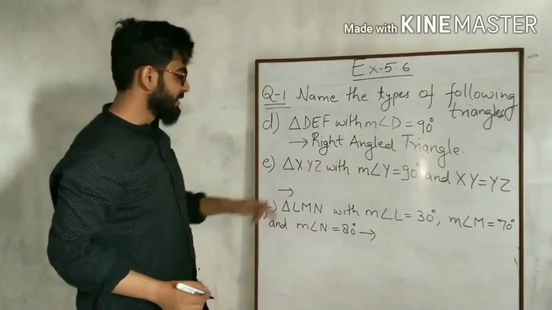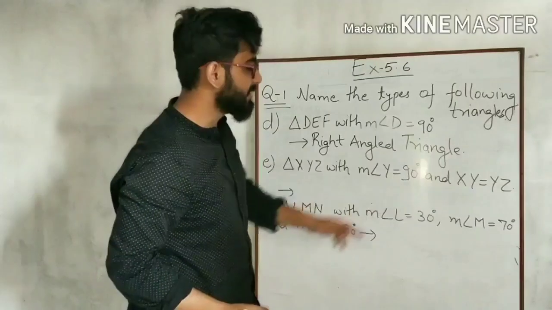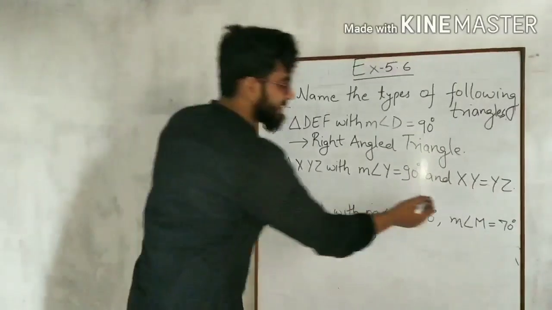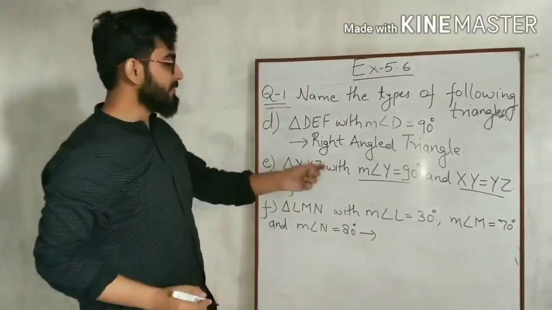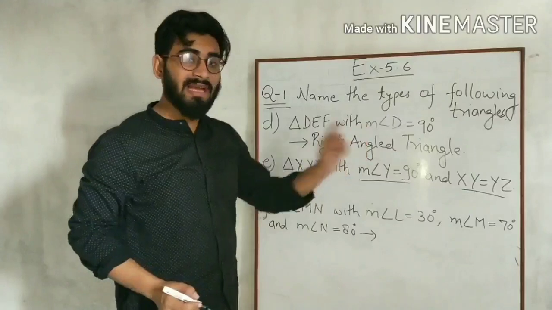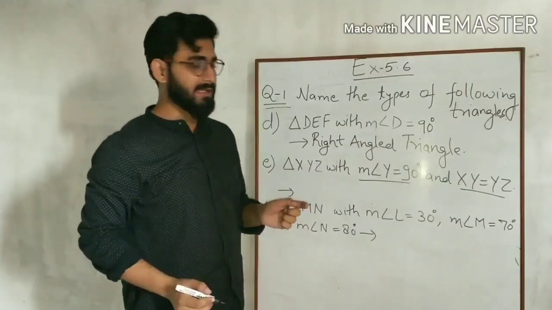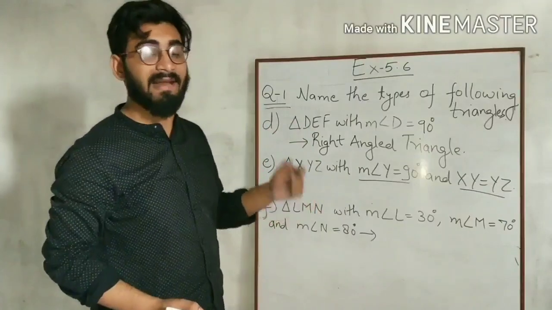Now the E part, triangle XYZ with the measure of angle Y equal to 90 degrees and XY equal to YZ. So here we can see that one angle is 90 degrees and two sides are also equal. That means this triangle is an isosceles right angled triangle.